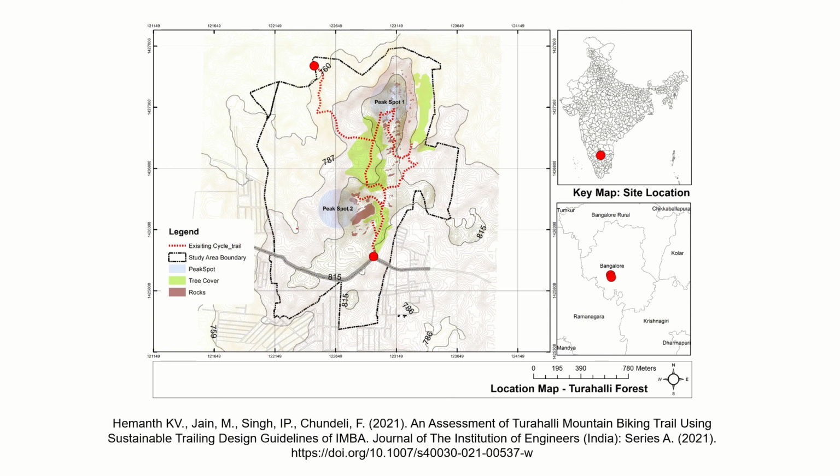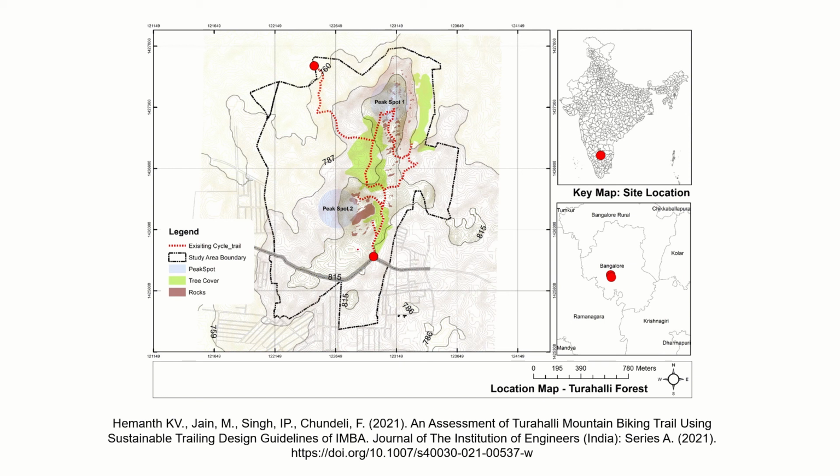And then this is another, different study where again we use GIS for identification of trailing routes, bicycle trailing routes.